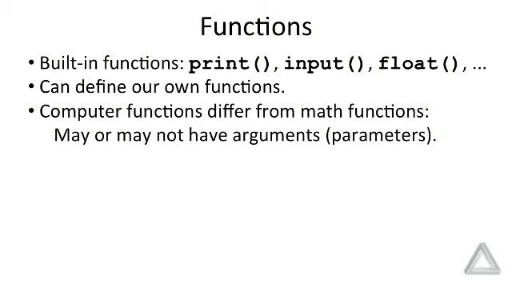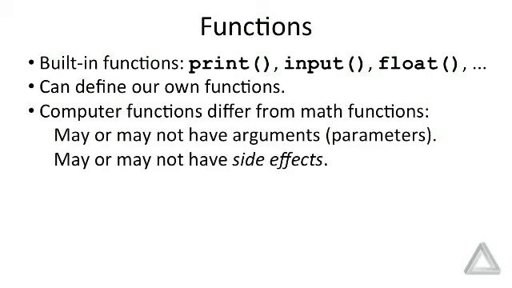We could call the print function with no argument, and it just prints a blank line, or we could provide it with some arguments. Also, we may call a function because of its side effects, and we'll explore this a little bit later. We aren't interested in what the function returns, but what it does when we call it. For example, we might call a function to read data into our program.